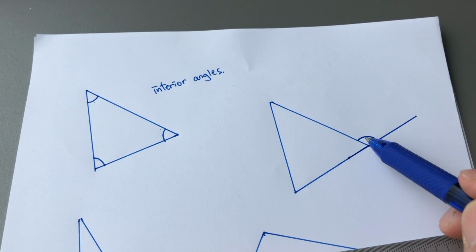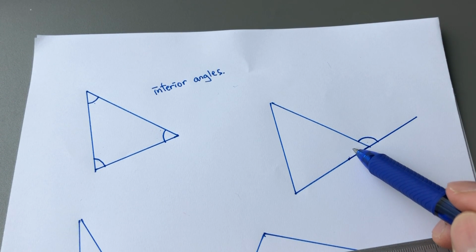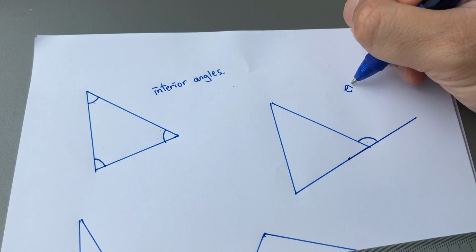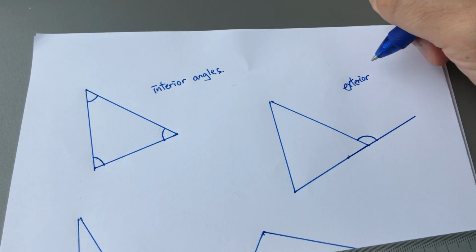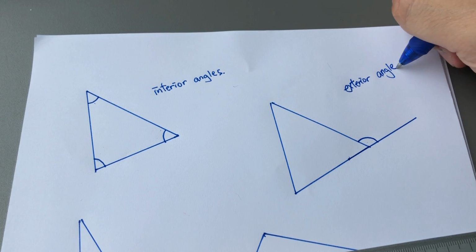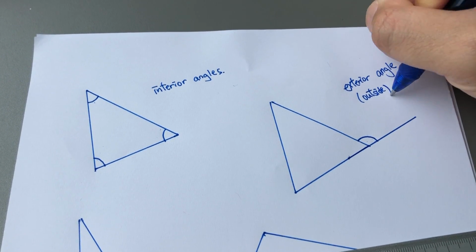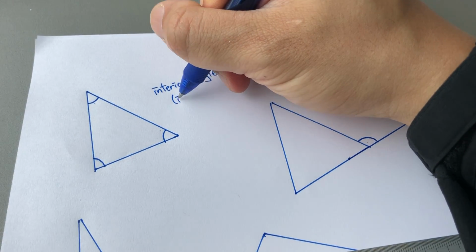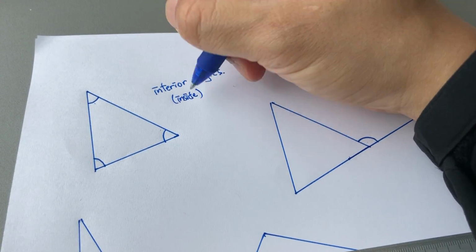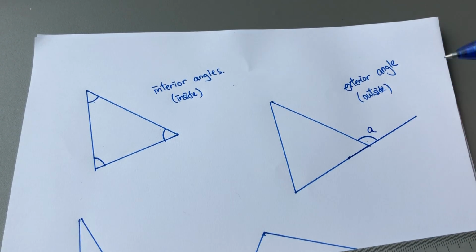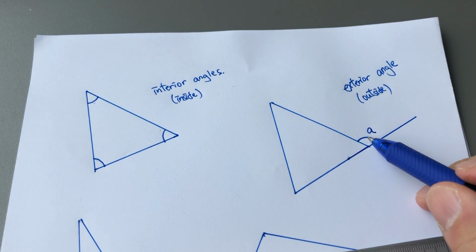No, because this angle is not inside the triangle, but outside of the triangle. And we call this the exterior angle, because exterior means outside, interior means inside. The exterior angle, say, let this be A.